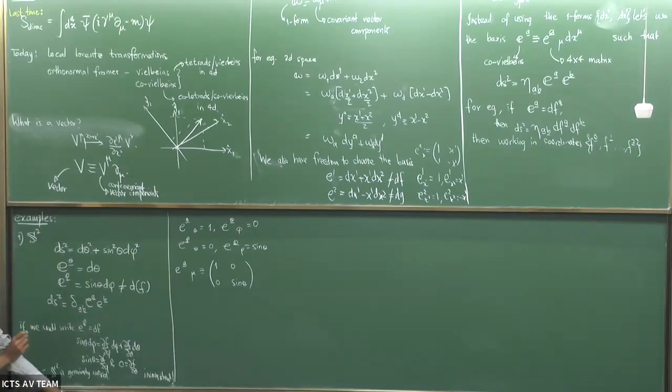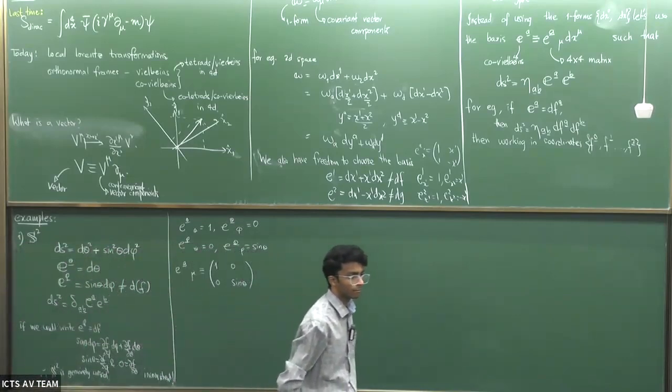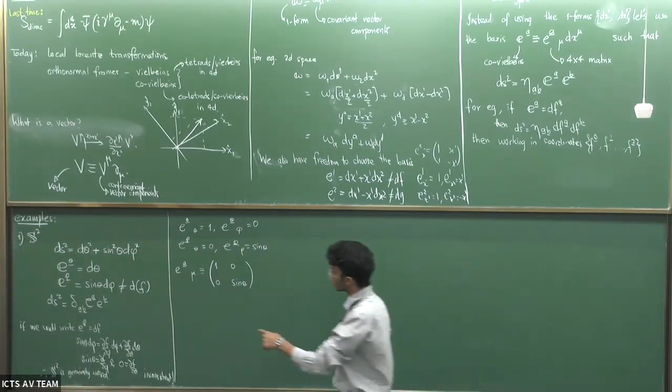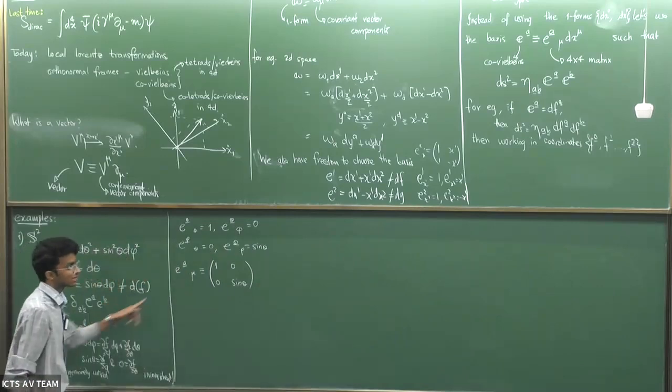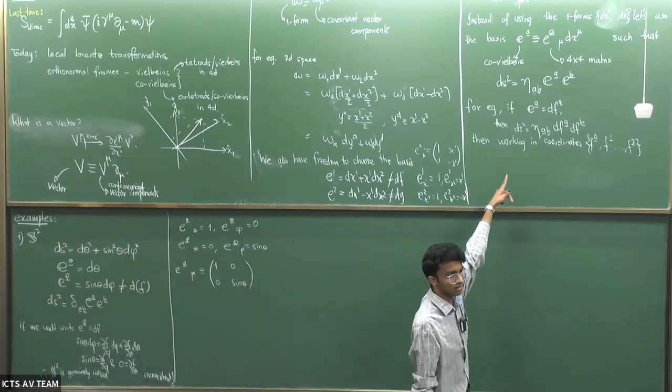So let's say I specify some one form for a two-dimensional space, for the sphere. Then that means that whatever one forms I give, I cannot express both of them as exact forms. You can never write both of them to be exact. That's a theorem. I just proved that theorem: if you write everything to be exact, the metric is flat.